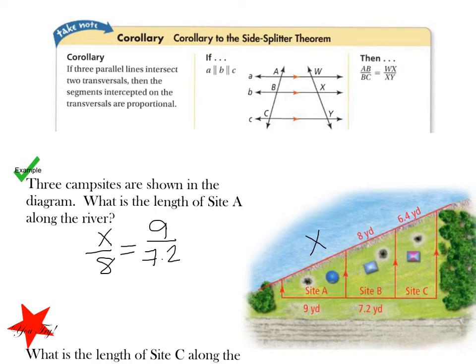I'm going to cross multiply. I get 7.2x equals 9 times 8, so 72. And divide by 7.2, so x is equal to 10. So the length of site A along the river is 10, and we are in yards, so 10 yards.